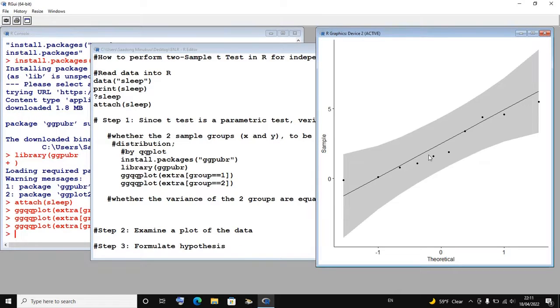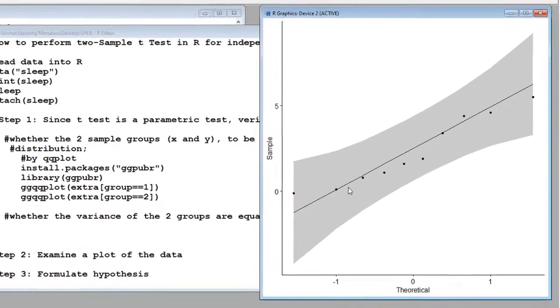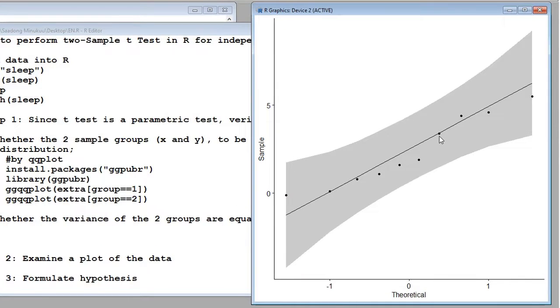Okay, so group 2, it's almost the same thing. It's always best when the individuals fall directly on the line. If you have all the individuals falling directly on the line, that's a perfect normal distribution.